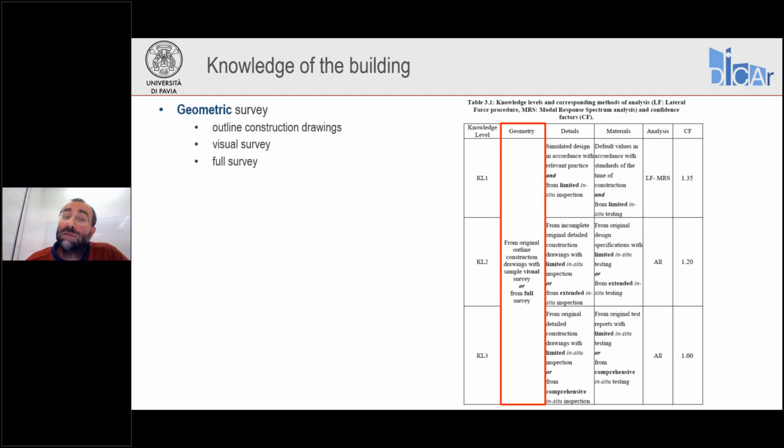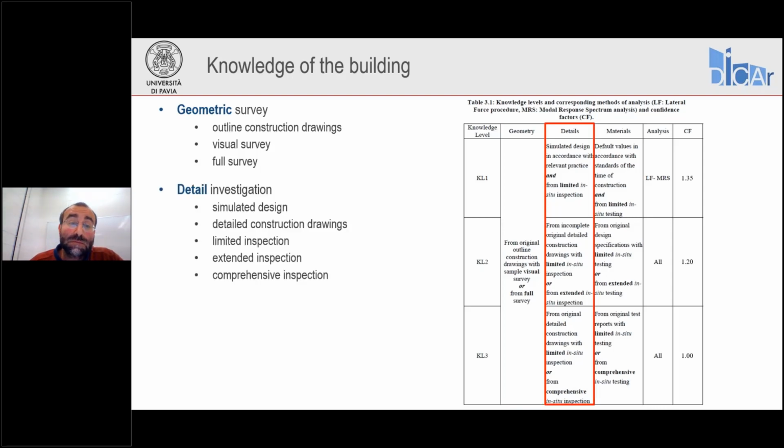But in some cases, especially if we don't have any drawing available, we may have to carry out a full survey of the building. Then we need to investigate the construction details of the building. In the most unlikely case, we may have to carry out a simulated design if we don't have any information.